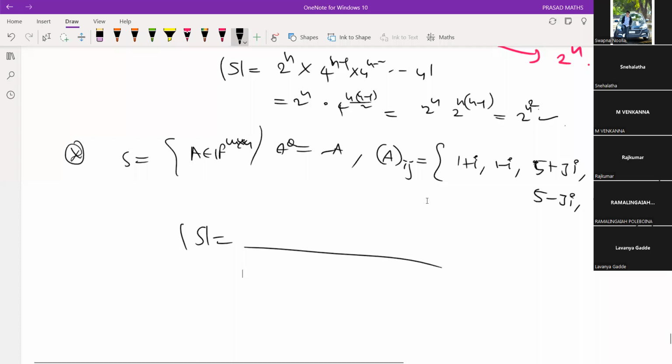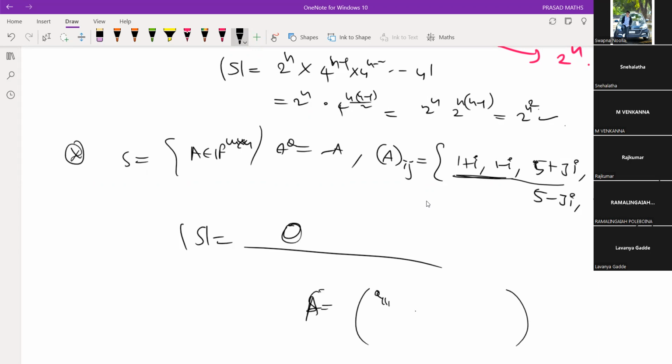Zero, sir. Good. Who said? Snehalata, sir. Yeah, Snehal, very good. You know it is 0. Why? Because there are no purely imaginary numbers. Suppose you take a skew Hermitian matrix. What about the diagonal entries? Diagonal entries must be filled by purely imaginary numbers.